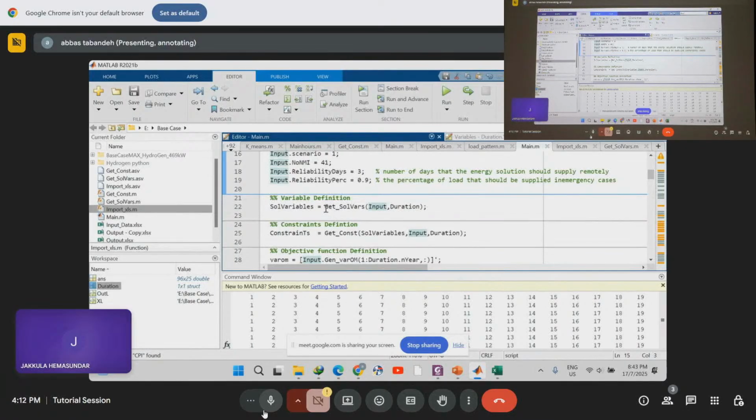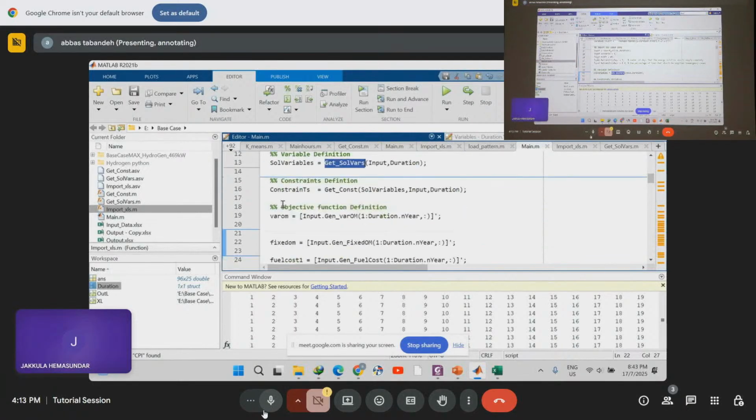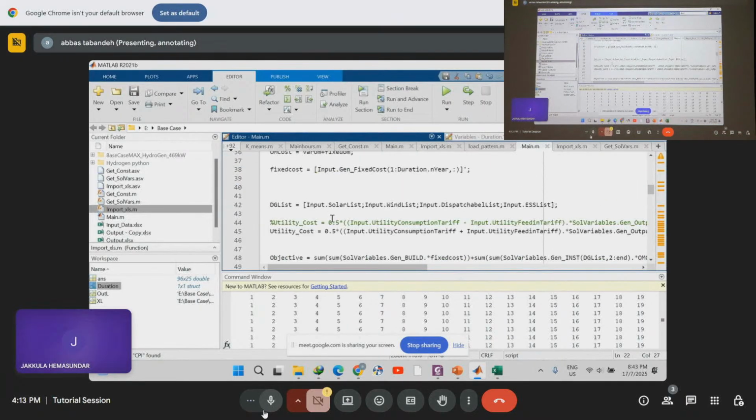So we need to use this function, get solvers. If we go to get solvers, it is another function with the arguments of input and again duration. Inputs, we have defined it here, and duration is here.